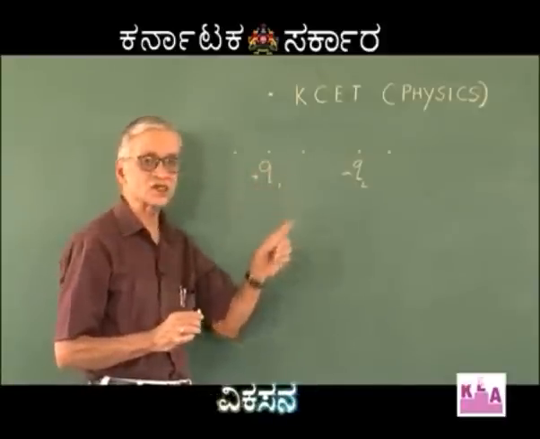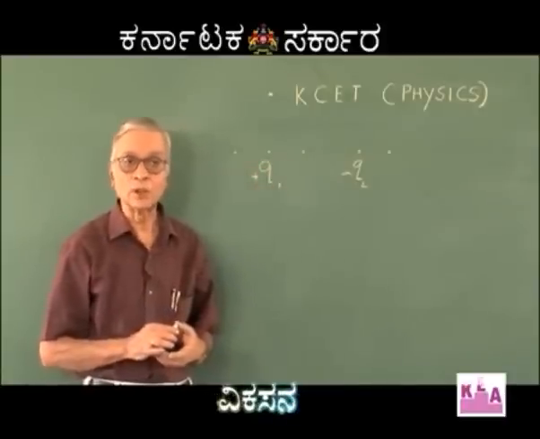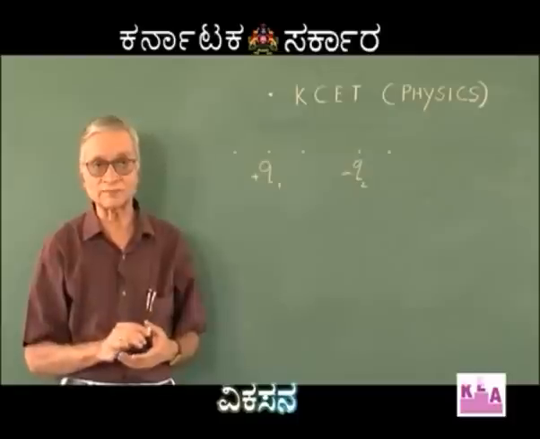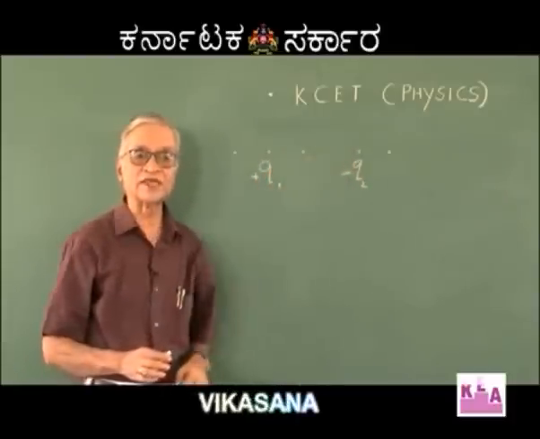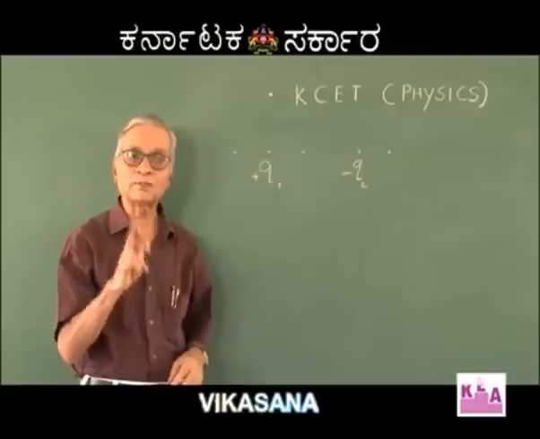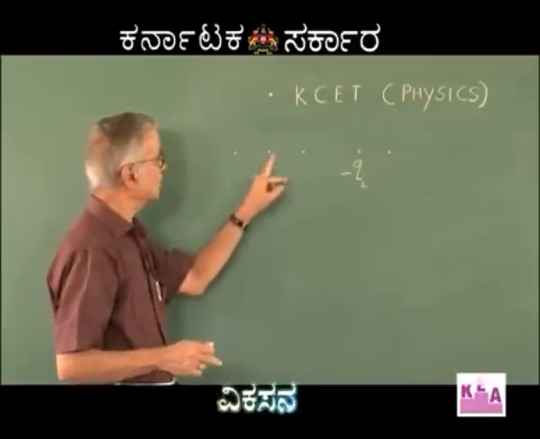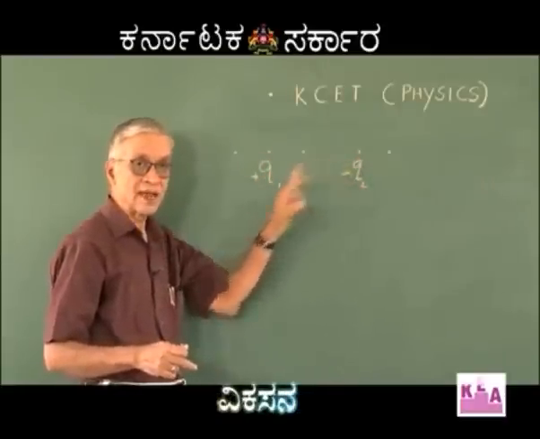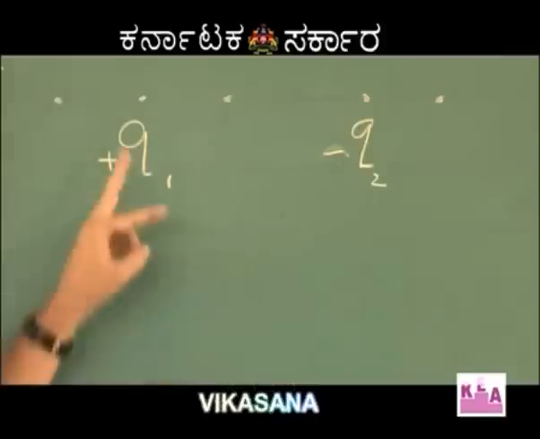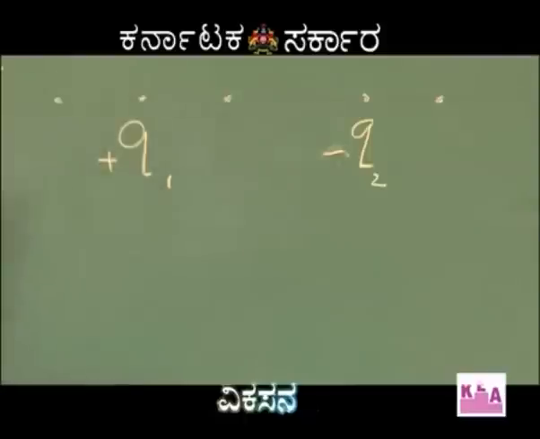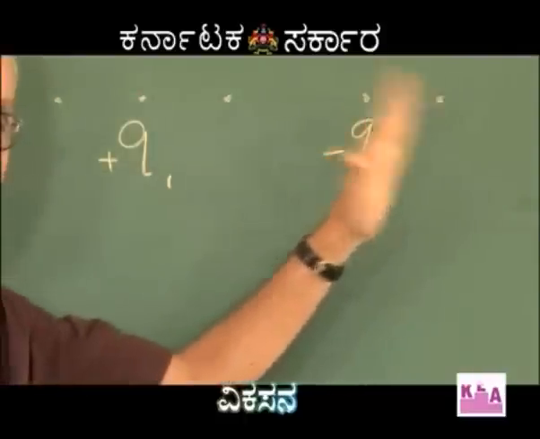By this discussion, we come to a shortcut: when the two charges are of the same nature, the null point must lie along the line joining the two charges and between them. But when the charges are of opposite nature, the null point must be either to the left of Q1 or to the right of Q2.